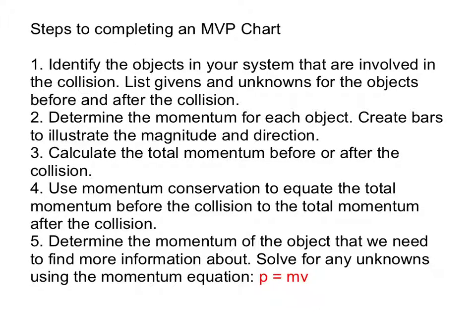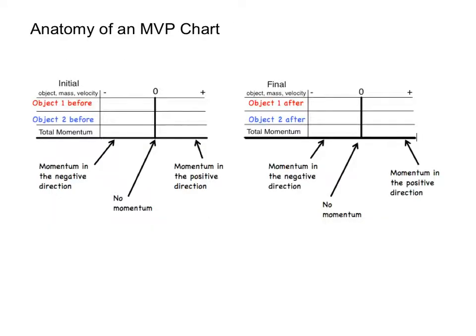Usually, the problem will say something like, what is the mass of the object after the collision? What's the velocity of the object before the collision? This is when we're solving for the unknown.